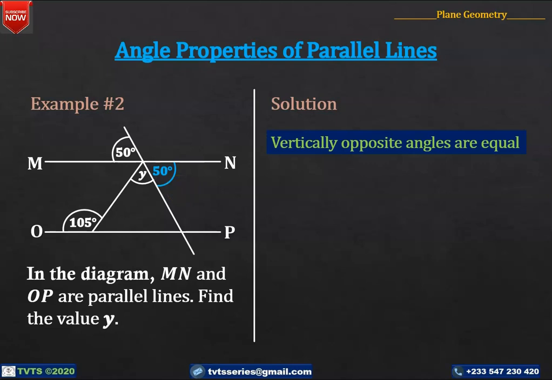The second hint is that alternate angles are equal. This whole angle and this angle are alternate to each other. This implies that y plus 50 degrees is equal to 105 degrees.